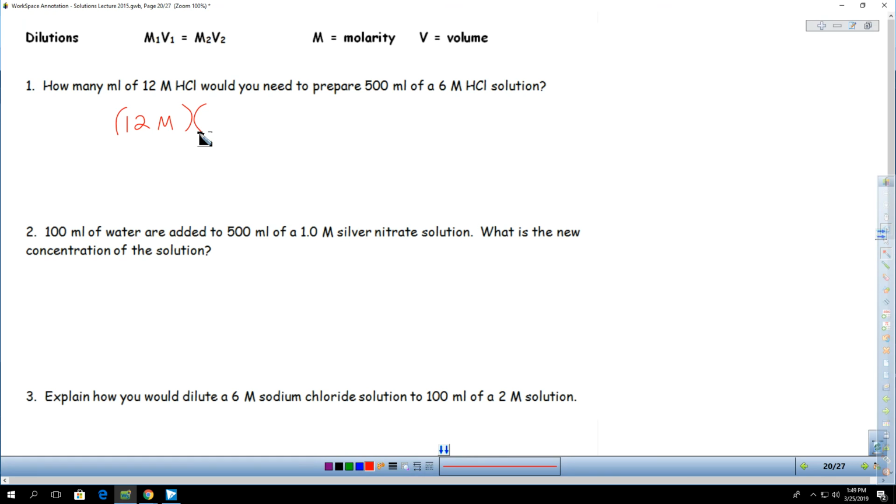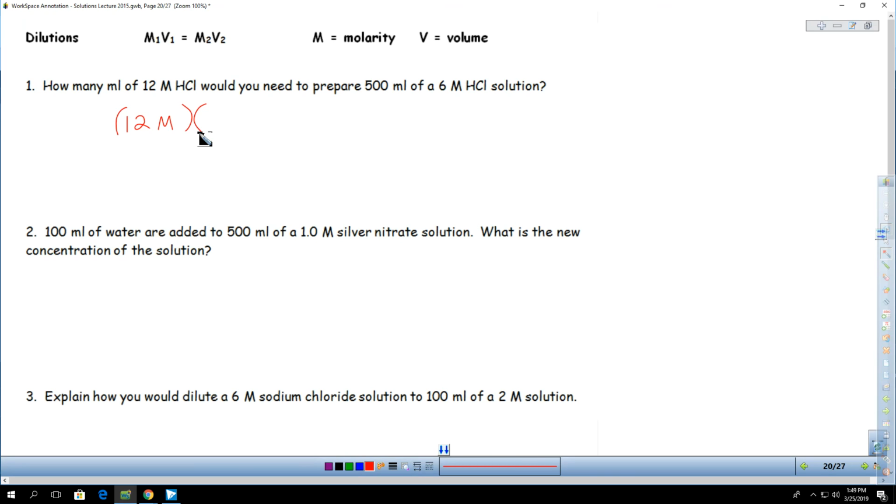Now, with this equation, your volume can be liters or milliliters. Molarity has to be moles per liter, but as long as the two volumes, V1 and V2, are the same unit, it doesn't matter which. They can be liters or milliliters.